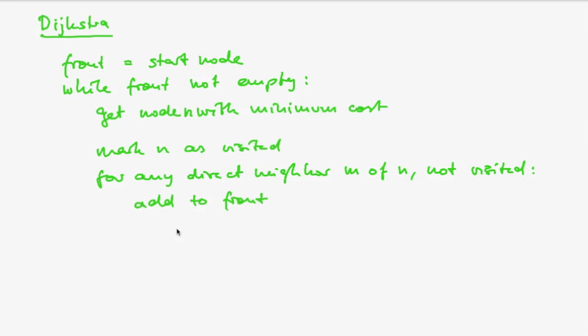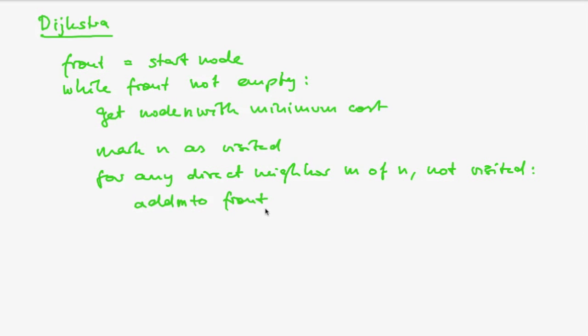So, as you remember, down here we had the alternative: add m to the front, or modify the cost of m if it is already an element of front and the new cost is lower. I want to get rid of this complicated part down here, so I'll just leave it away.